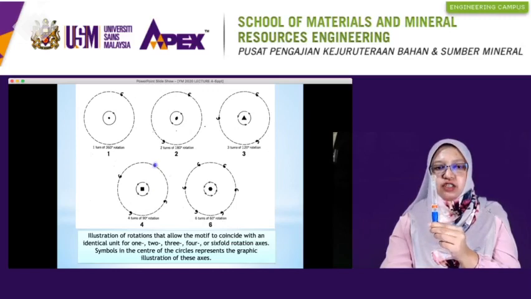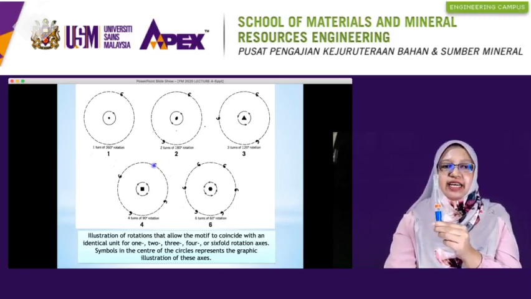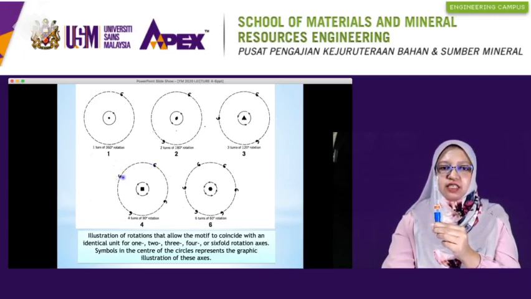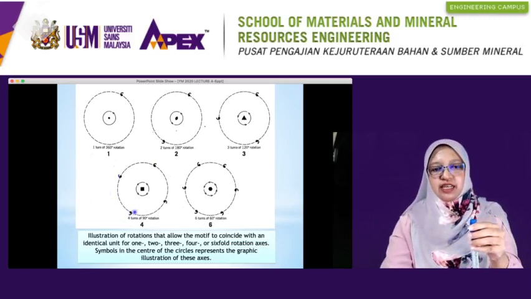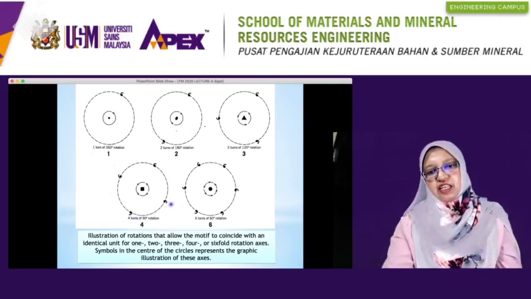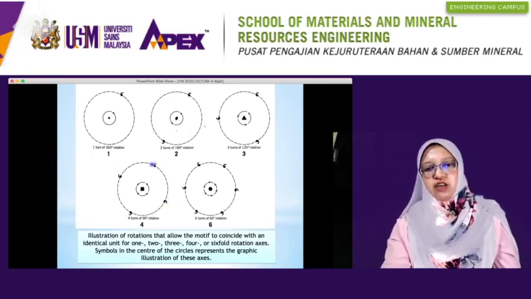This is your starting point. You rotate 90 degrees, you get this first rotation, and then you rotate another 90 degrees, you'll get here, and then rotate another 90 degrees, and finally if you rotate 90 degrees, you will get to the starting point.